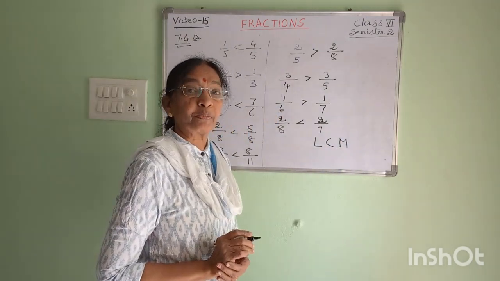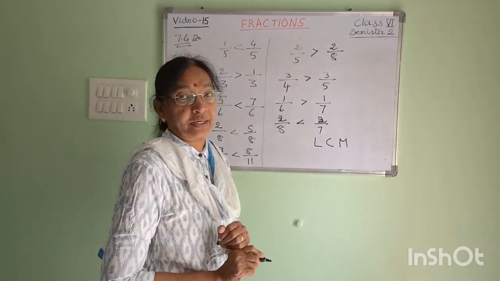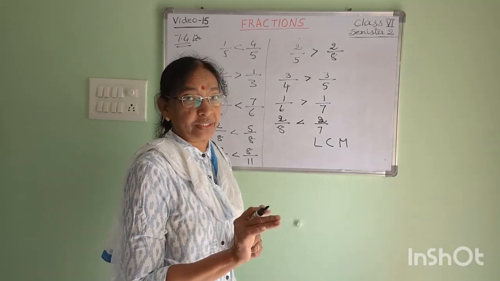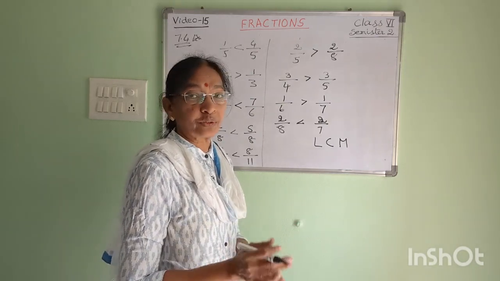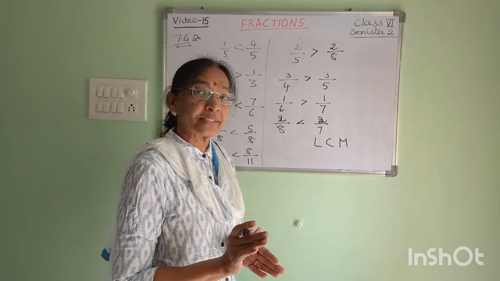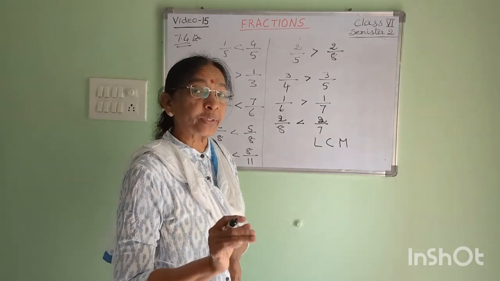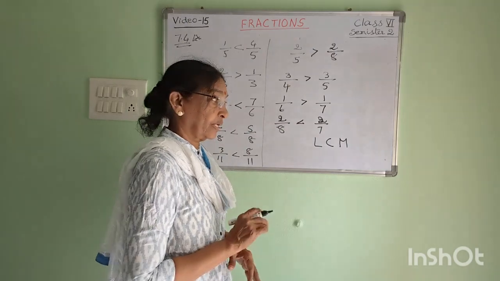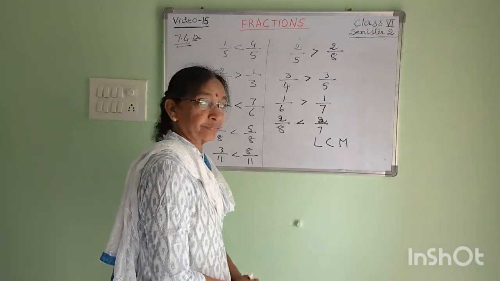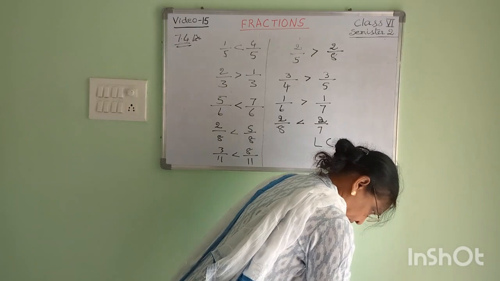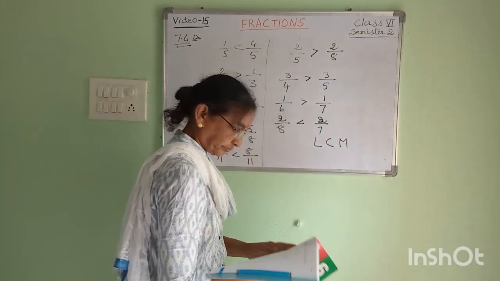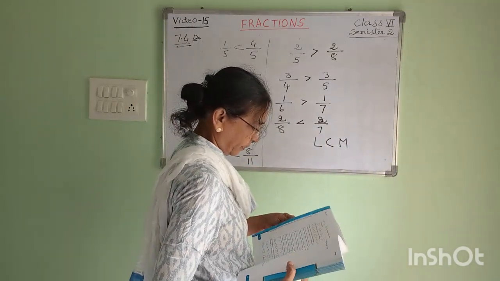To compare two fractions or more than two fractions, we take the least common multiple of all the denominators of the fractions and write and compare. So the next, we will take the next problem.